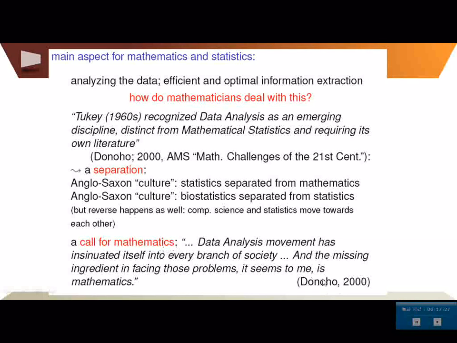Donoho said the data analysis movement has insinuated itself into every branch of society, and the missing ingredient in facing those problems, it seems to me, is mathematics. So many have told mathematicians that there are things mathematicians can contribute in the area of data science.